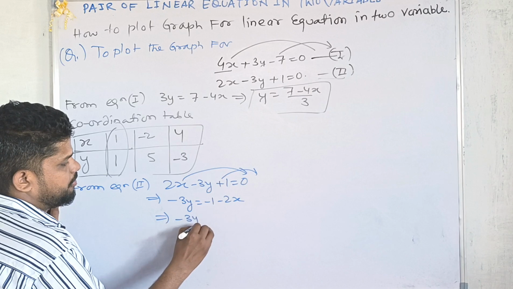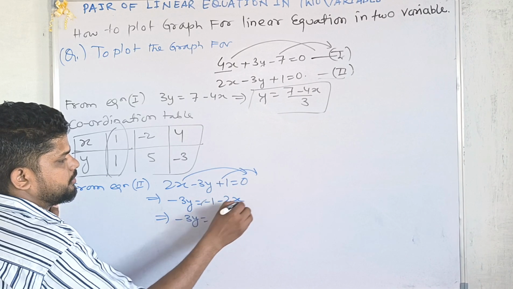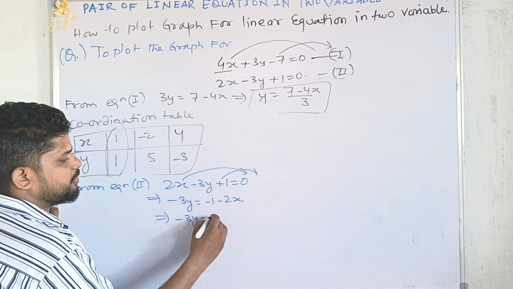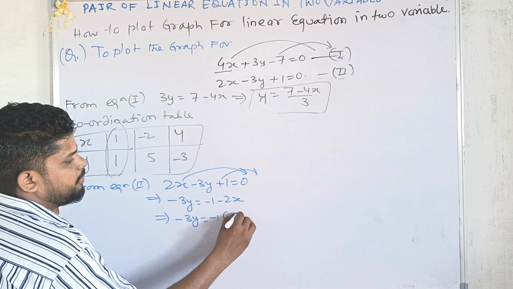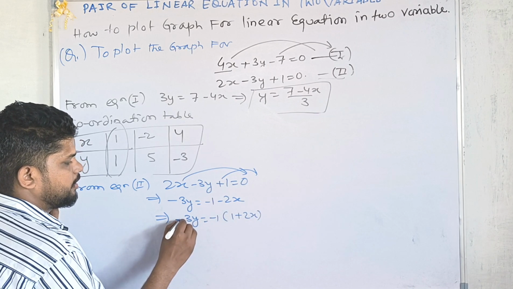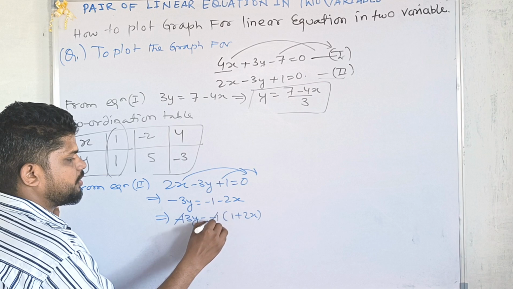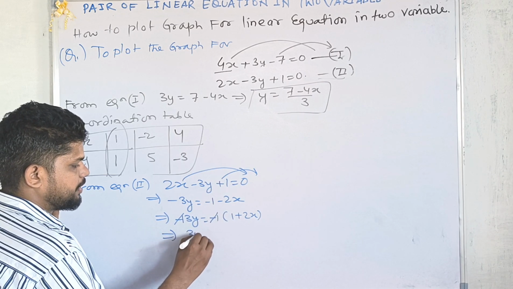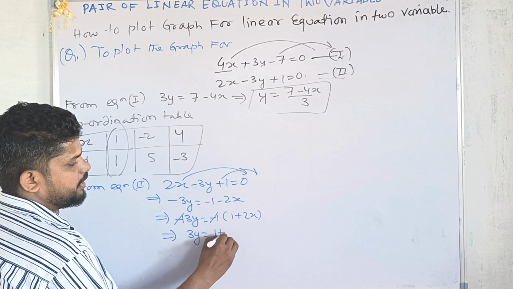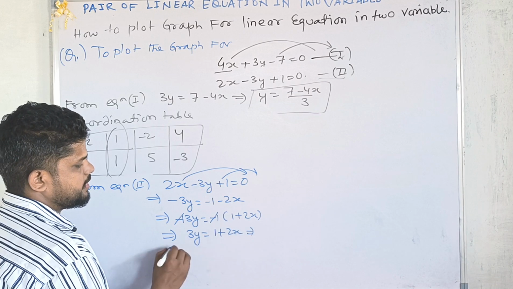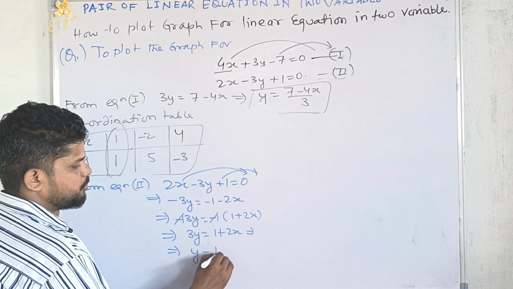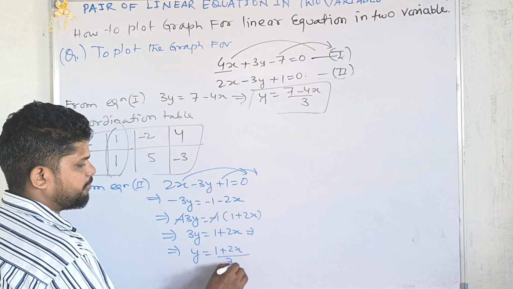Here minus 3y. From here, taking minus 1 as common, I will get 1 plus 2x. Here minus 1 and minus 1 will get cancelled out. This will remain 3y is equal to 1 plus 2x. That is, the value of y will be equal to 1 plus 2x divided by 3.